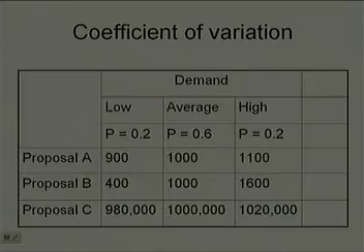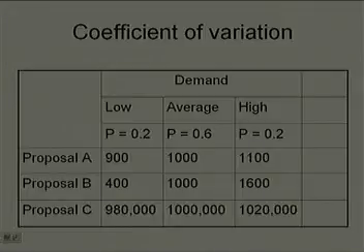Now if you see all these three proposals, you will find that in such condition, if you try to measure the variances, sometimes you may have a wrong conclusion. You find here that the values vary to a great extent.